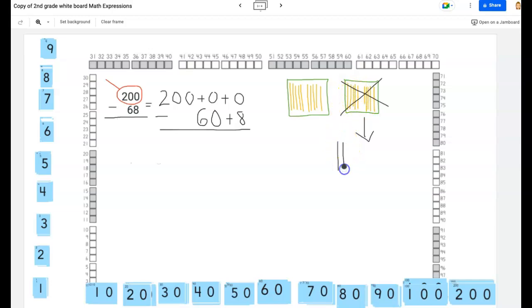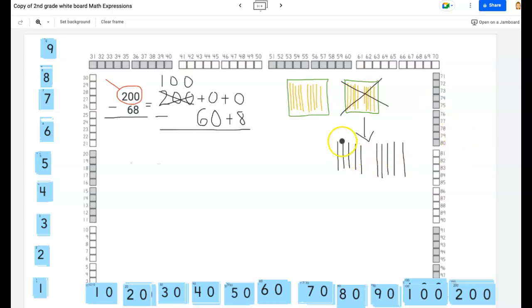10, 20, 30, 40, 50, 60, 70, 80, 90, 100. So this 200 has now changed to 100 because look, I only have one full group of 100 left.